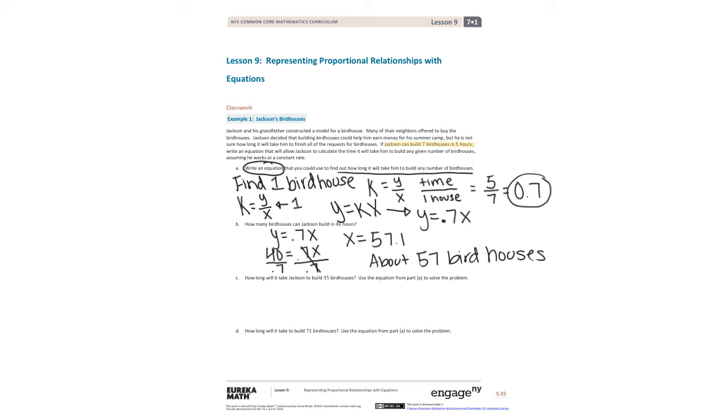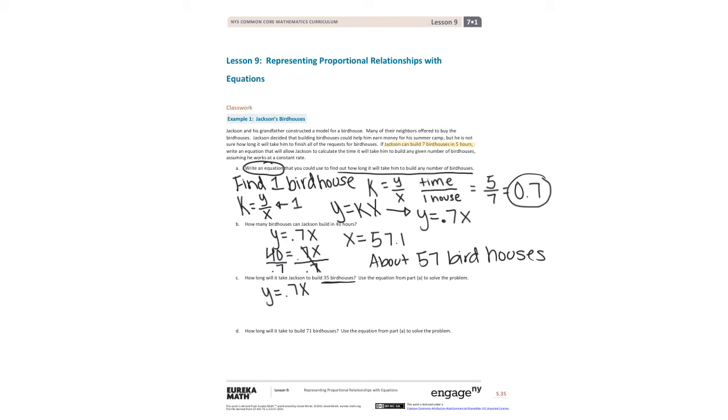C. How long will it take Jackson to build 35 birdhouses? Use the equation from part A to solve the problem. So we're talking about this equation right here. We also used it in B. So we have Y equals 0.7x. Now, if we're trying to figure out the number of birdhouses, will we be substituting 35 for our y value or our x value?